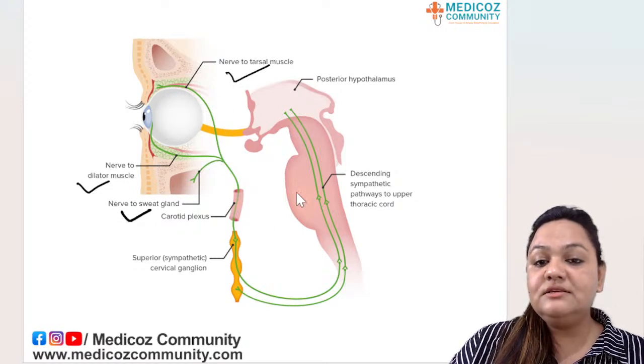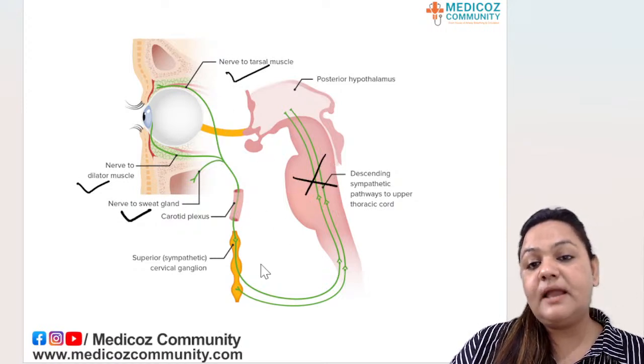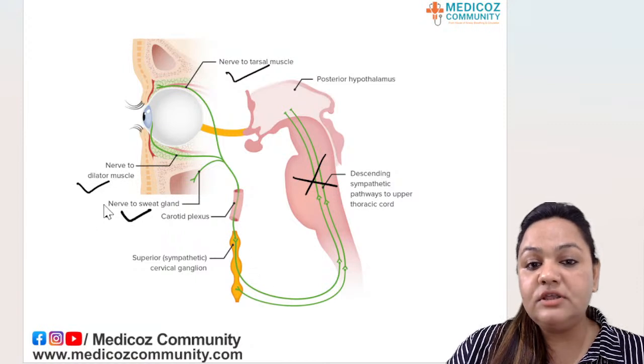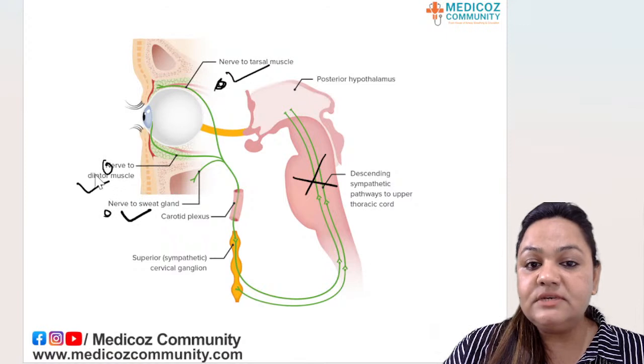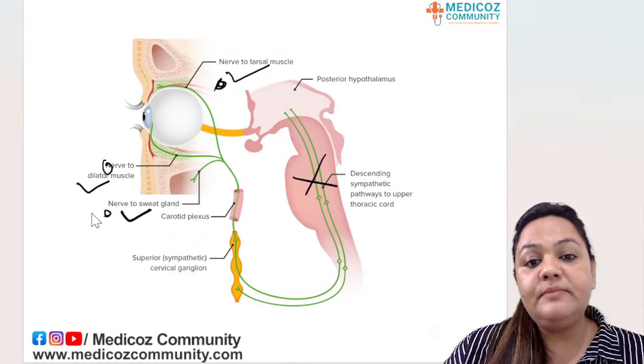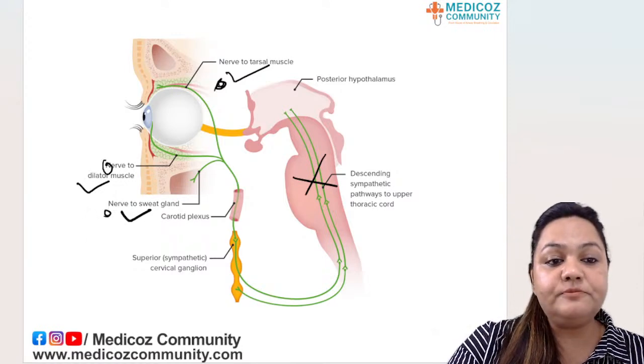So when the sympathetic nerve supply is damaged here, what will happen? All these 3 nerve supplies will be hampered. So the tarsal muscle, the pupillary muscle, and the nerve to the sweat glands will be damaged here.